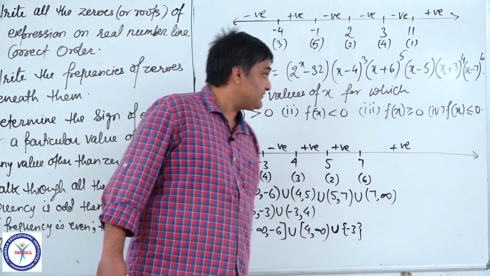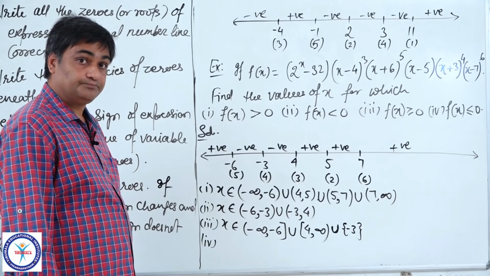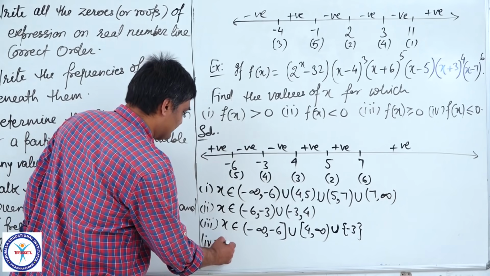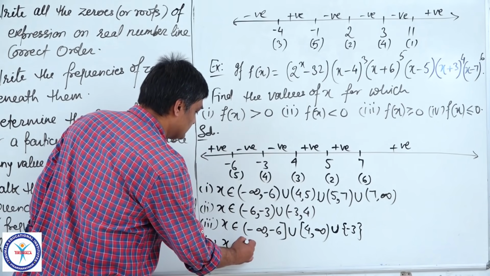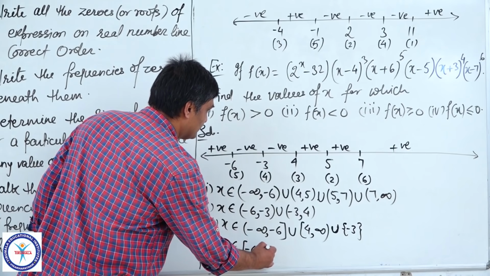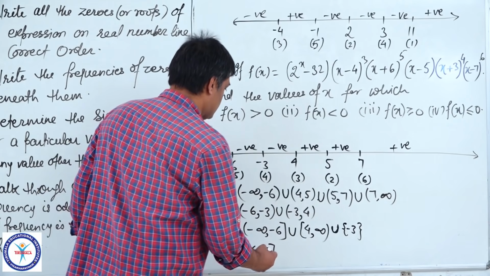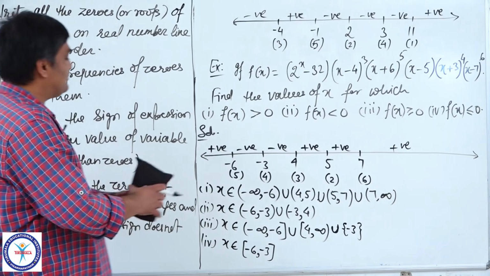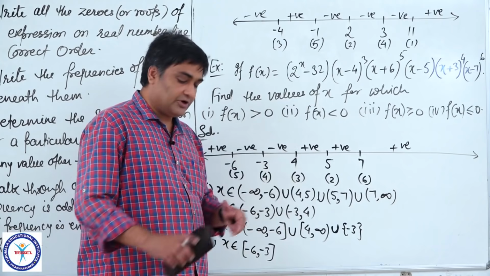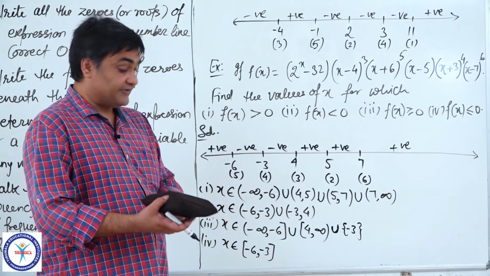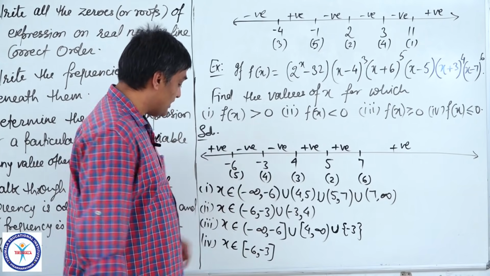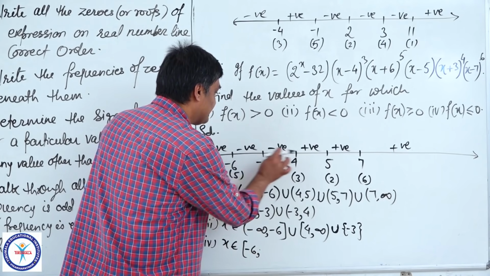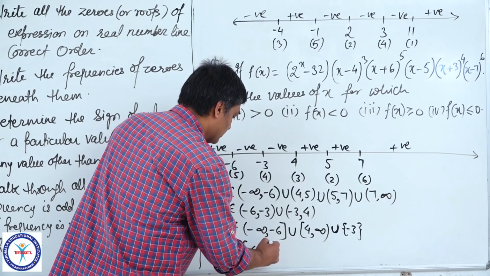f of x less than or equal to 0 means x belongs to minus 6 to minus 3, or we can write minus 6 to minus 3 union minus 3 to 4, because here it is a closed interval, equality is allowed. So, we can directly write minus 6 to 4 closed.